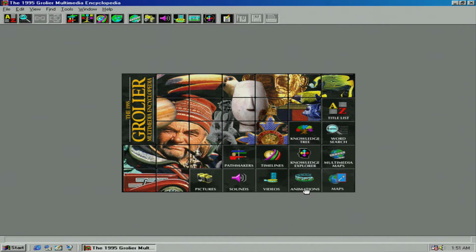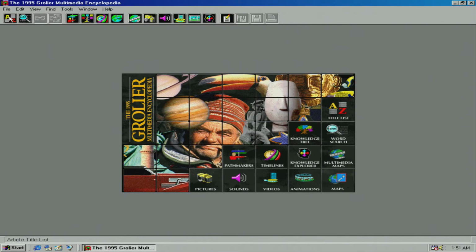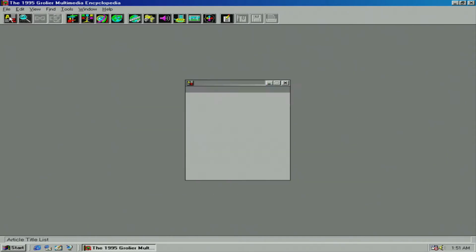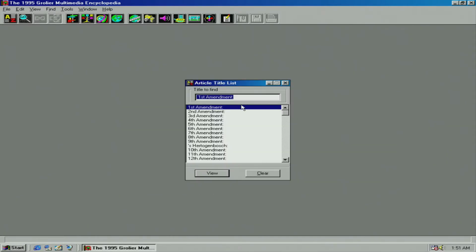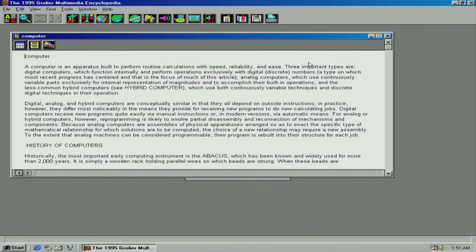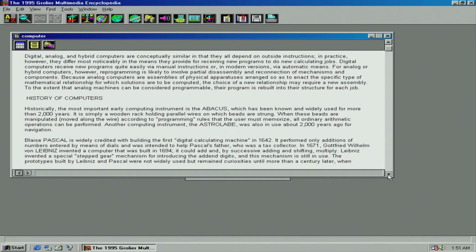Okay. If you want to find something, you just find it right here. Let's look at computer. It gives you information about computers.